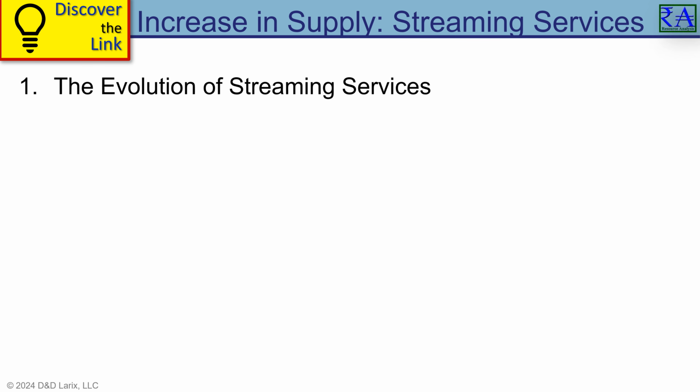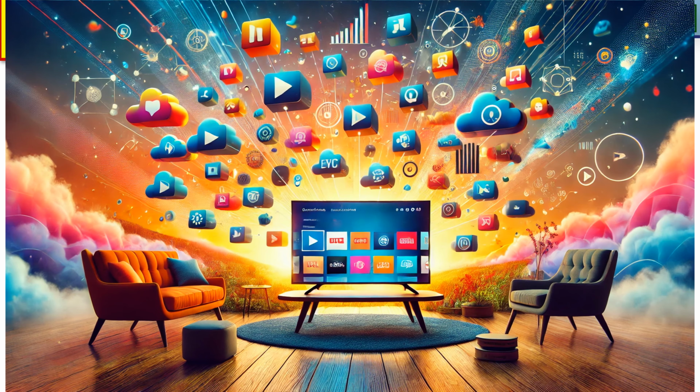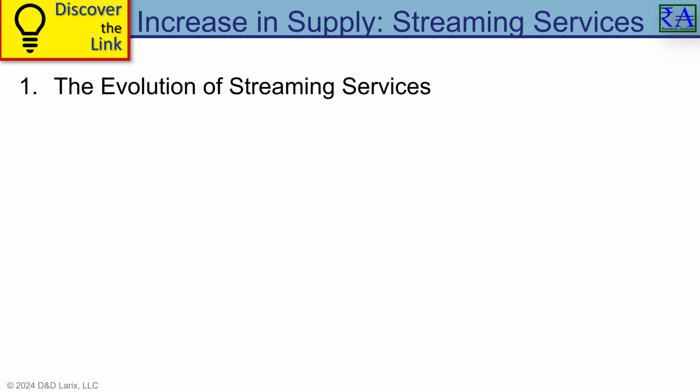When Netflix launched its streaming platform in 2007, it revolutionized how consumers accessed movies and TV shows. Over time, other companies recognized the demand and entered the market, including Hulu, Disney, Amazon Prime Video, and HBO Max. Today, there are dozens of platforms competing for subscribers.